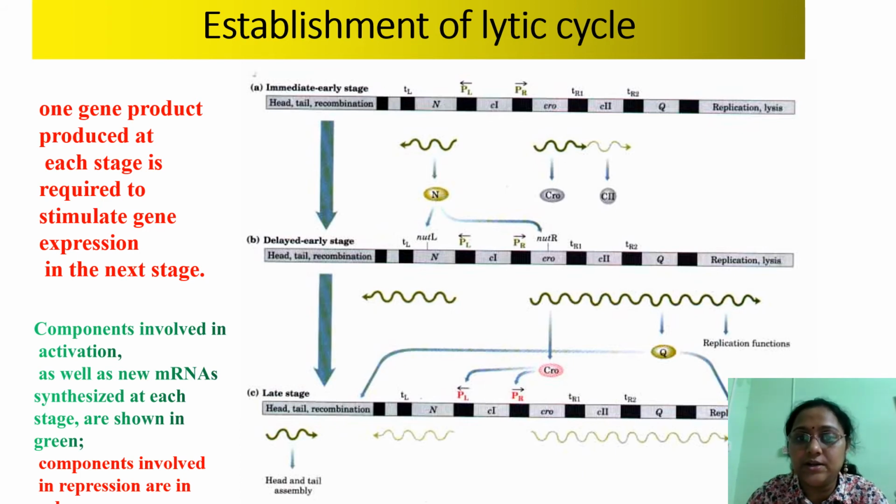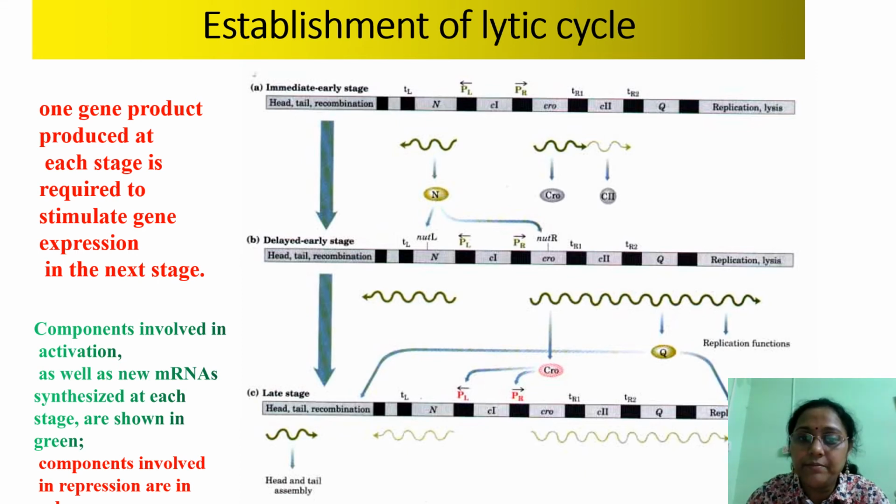So in the immediate early stage, N functions primarily, and in the delayed early stage, CRO and Q function. Here, when N inhibits the TL terminator, that's when we have the head and tail protein genes expressed.